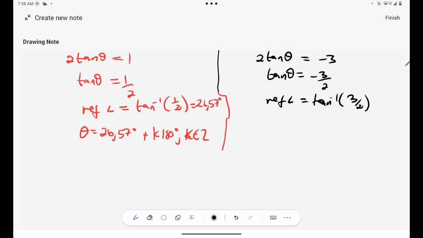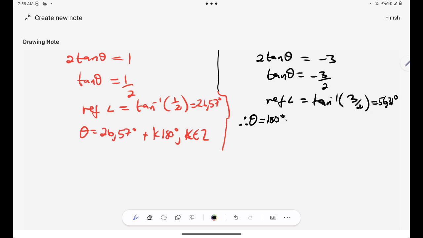This will give me 56.31 degrees. Therefore, my duty is to express theta, or my reference angle, where tan is negative. Tan is negative in the second quadrant.